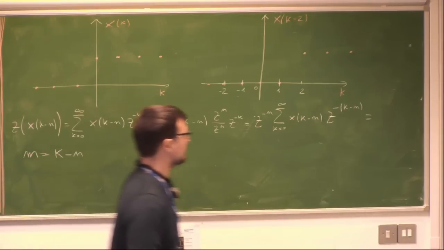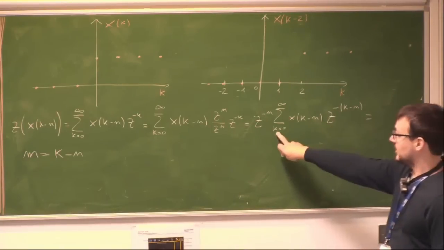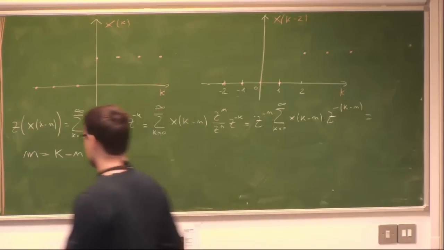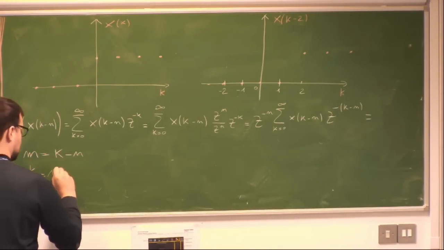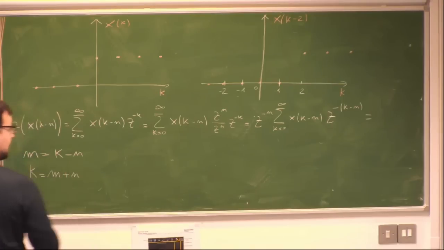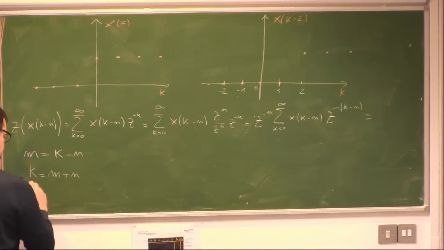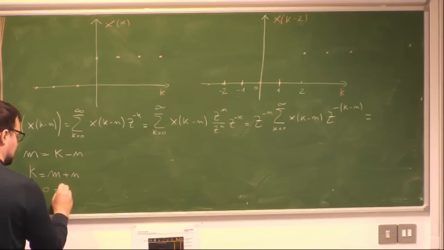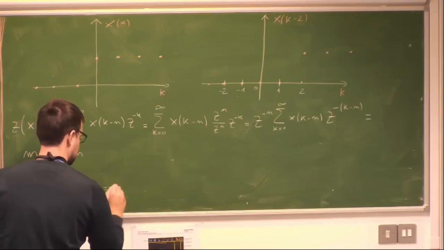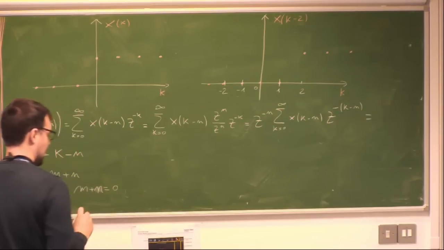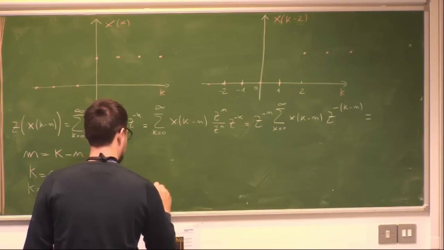So in this case, we can replace this k minus n with m, and the same here, but we have to replace also this k here. Okay? So if m is equal to k minus n, then k is equal to m plus n. Okay? And when k is equal to 0, then m plus n is equal to 0. And this means that m is equal to minus n.